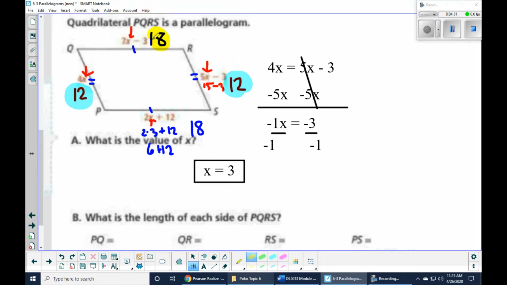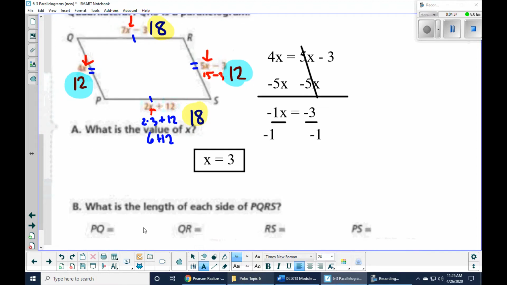I'll use a different color, yellow, for that. So what is the length of each side? PQ, that's 12. QR, that's on top, that's 18. RS is on the right side, that's 12. And PS at the bottom is 18.